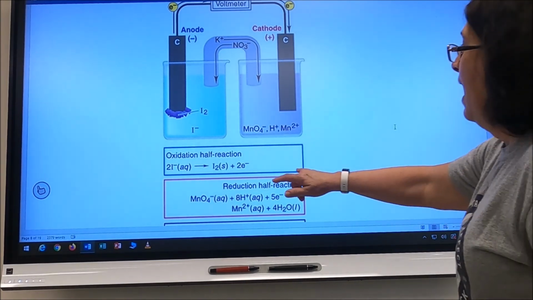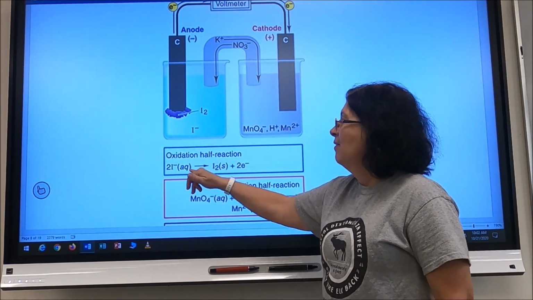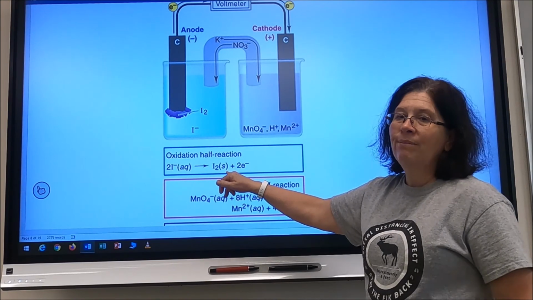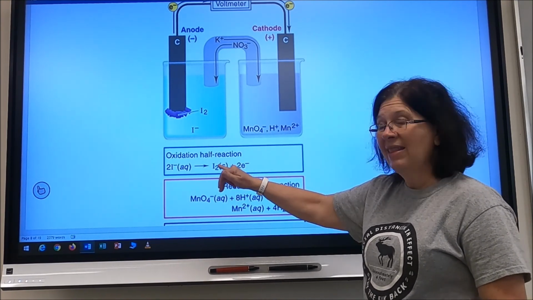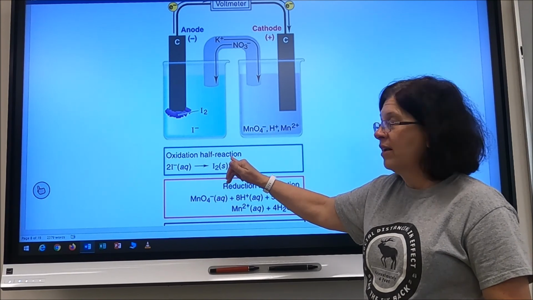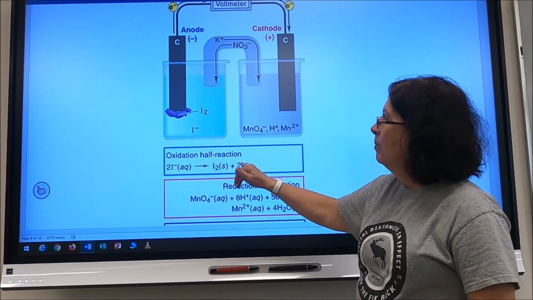Now, when I look at my anode half reaction, I've got iodide ions and iodine. There's nothing there that I can build an electrode out of. Nothing that's an electron conductor. Iodine is a non-metal, it's an insulator.